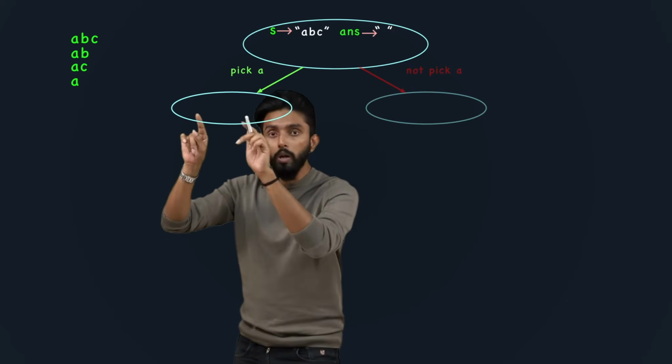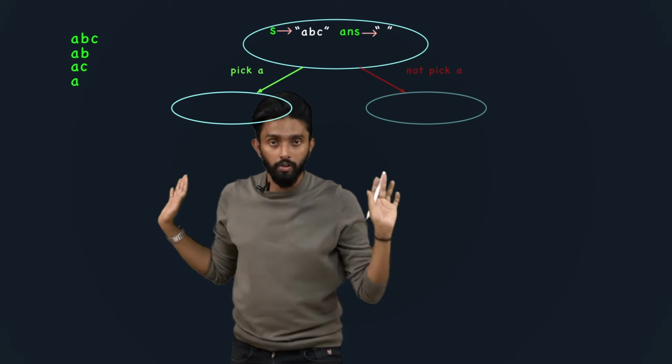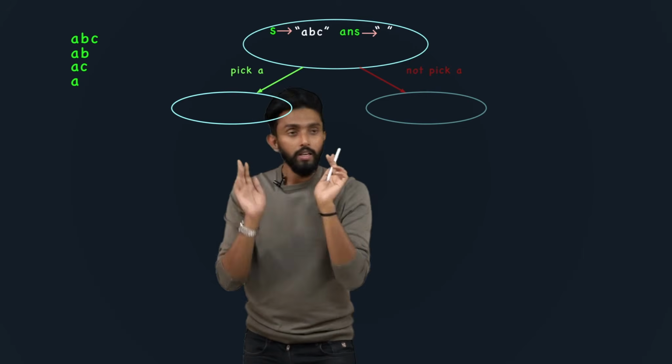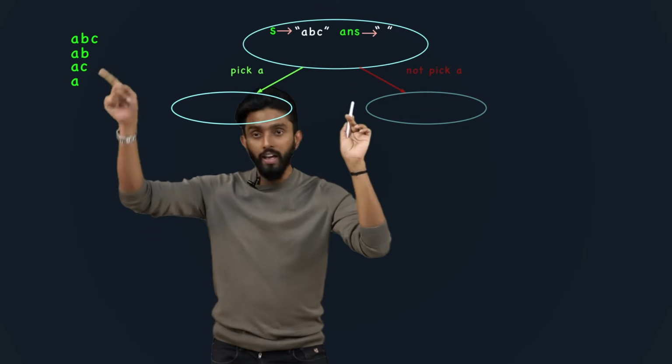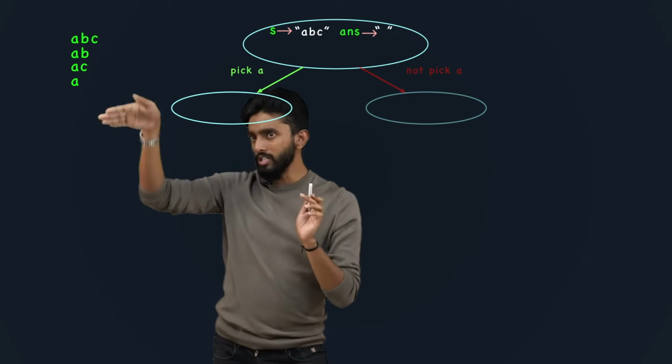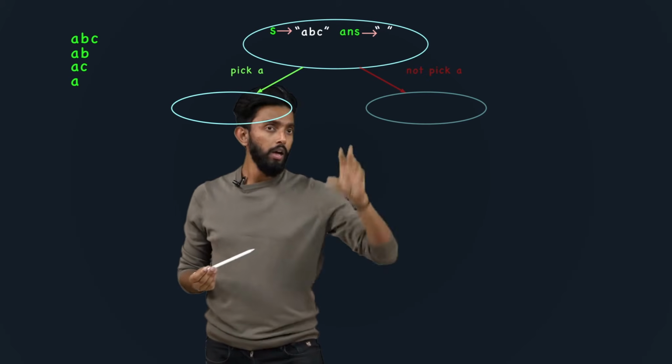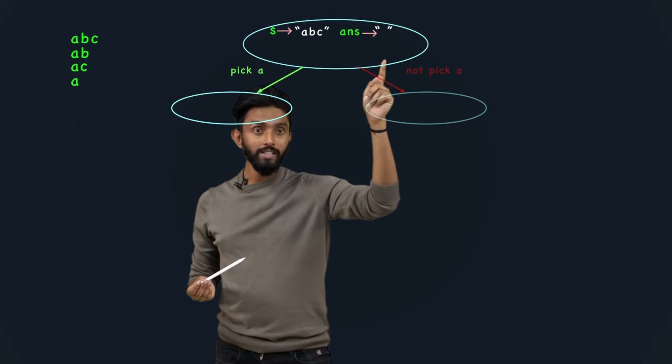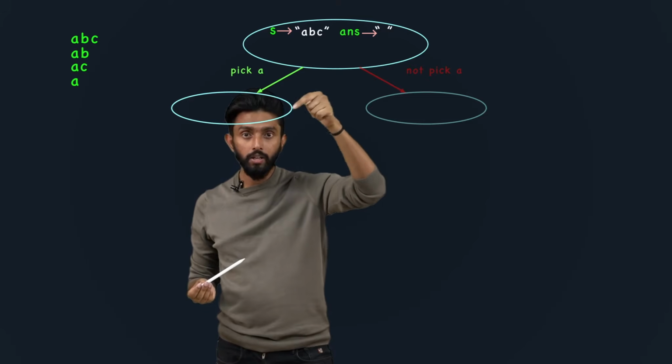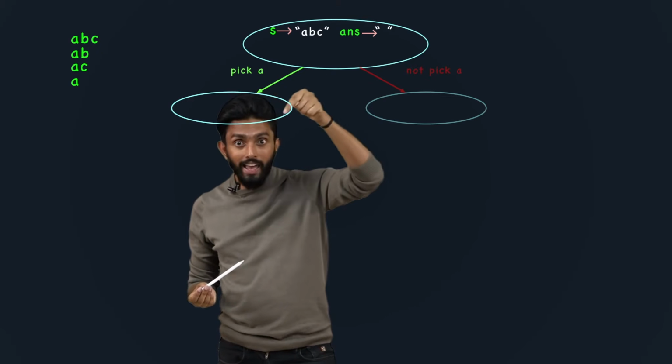Now what will be the string and what will be the answer I will tell you. But one thing is, I know that because I've picked A, answer should have A. It's all starting with A. Now I want to add A to this answer and send that as the new answer here. I want to pass A as the answer here.